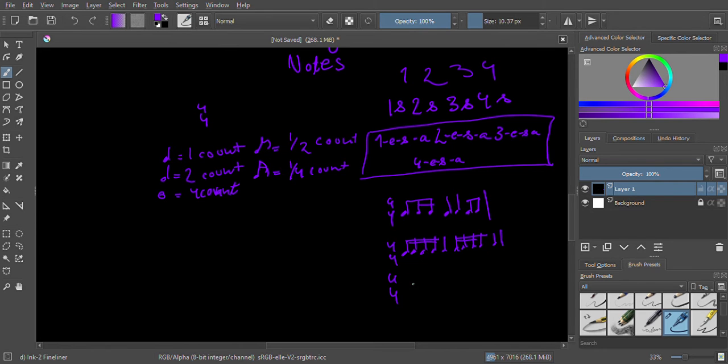Let's try one more. Similar. And you can confirm this does indeed work with a 4/4 time signature, because this is what one quarter note, one quarter note, one quarter note, one quarter note, 4 in total. So sorry.